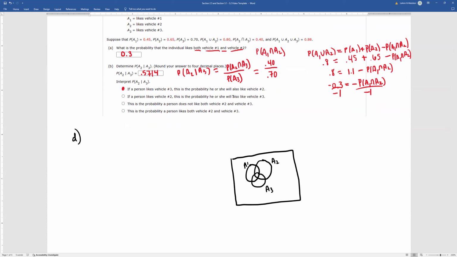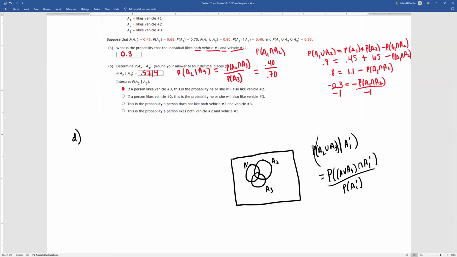And we had the probability that someone liked A2 union A3, given that they did not like A1. Written in formula notation, you'd have the union of these two intersected with A1 not on top, over the probability of A1 not. I'm just writing those formulas from down below so we can see what we're looking at.